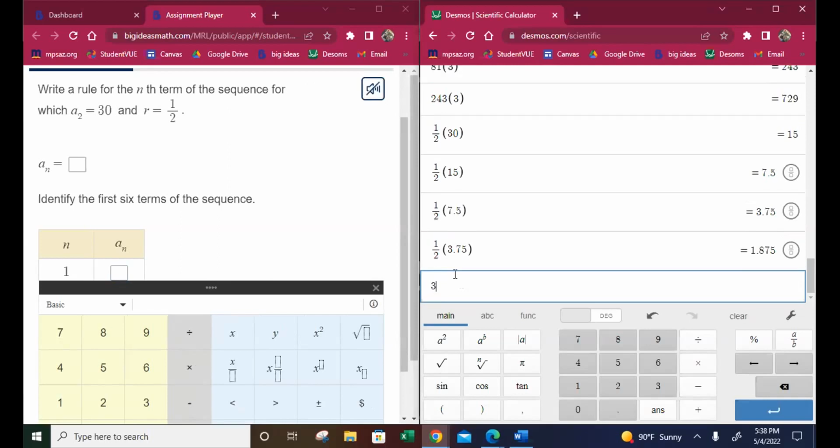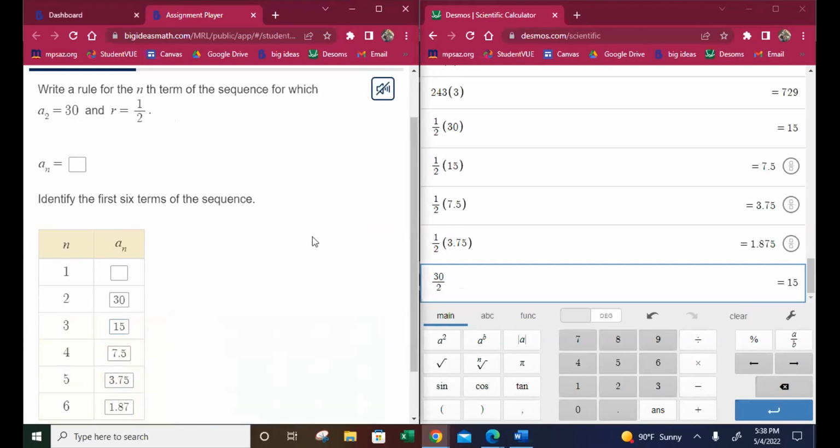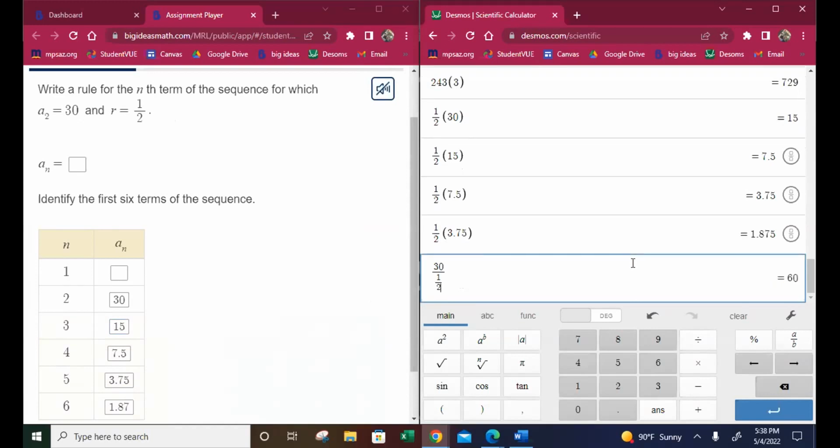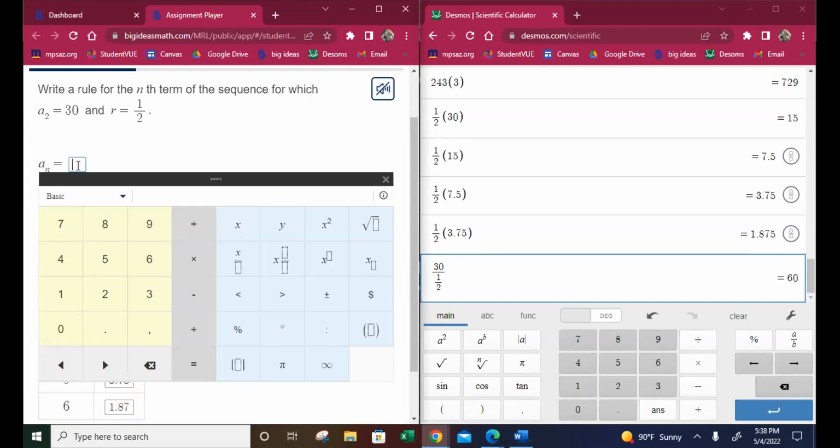So it'd be 30 over 1/2. Yeah, it's a little odd, but do 1/2 down there. There you go. The other thing you could do is notice that you're going the other direction. Now, could you go 1/2 to the power of n minus 1?